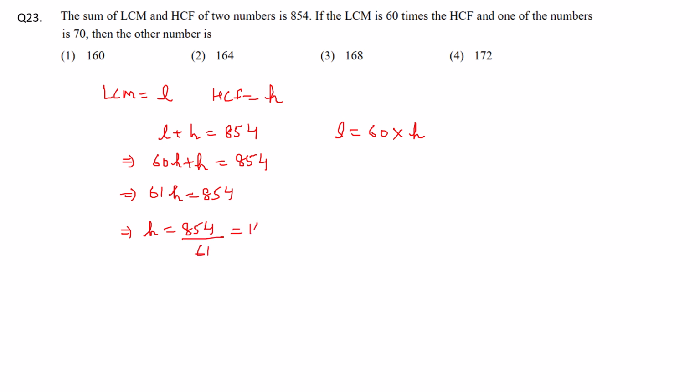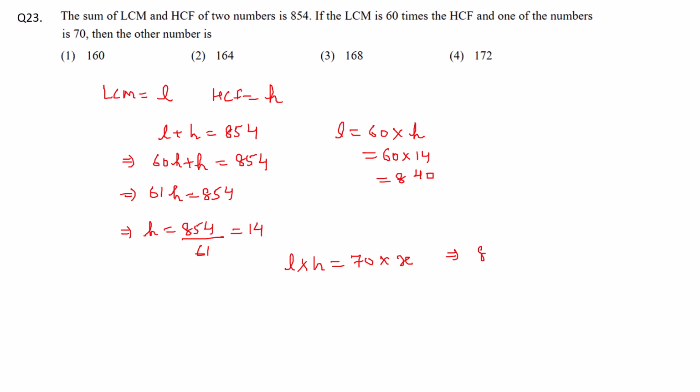And if I divide, I will get 14. So my LCM will become 60 into 14, which will give me 840. We know that there is a relation. The product of LCM and HCF is equal to the product of the numbers. One of the numbers is given as 70. Other number you have to find. So other number, let me take it as X. Now you have the value of LCM and HCF, isn't it?